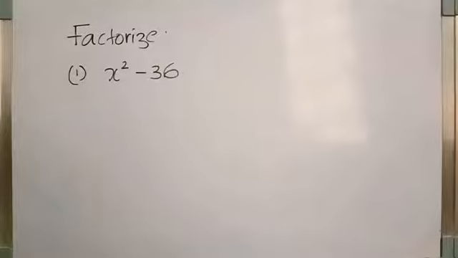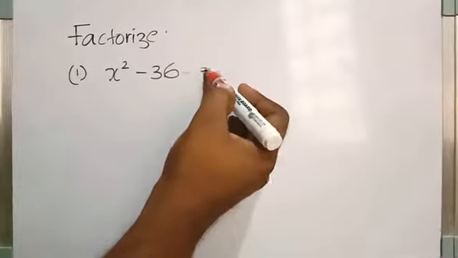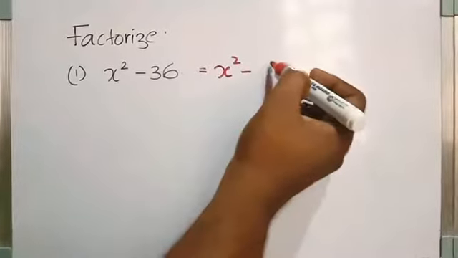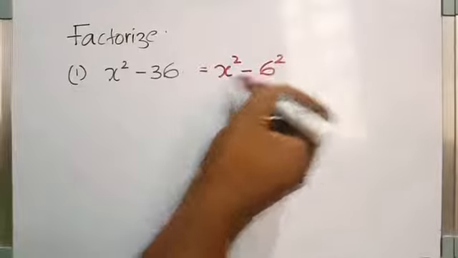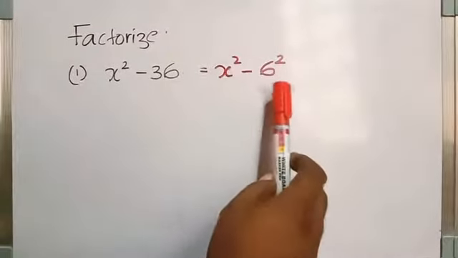But here, when we look at this question, x squared minus 36, you can find that 36 is the square of 6. This is something you should be able to identify.